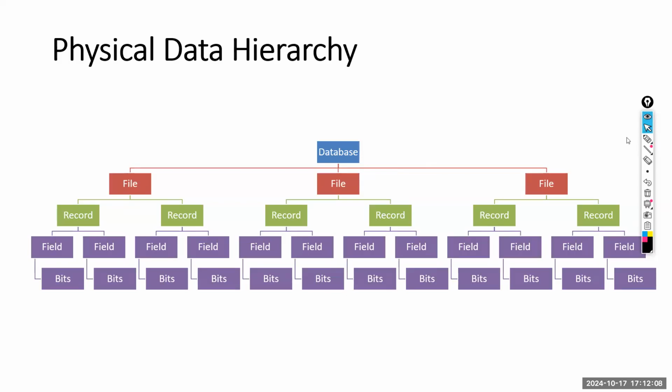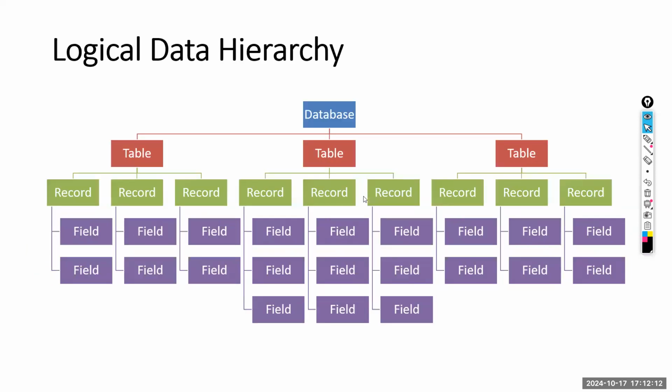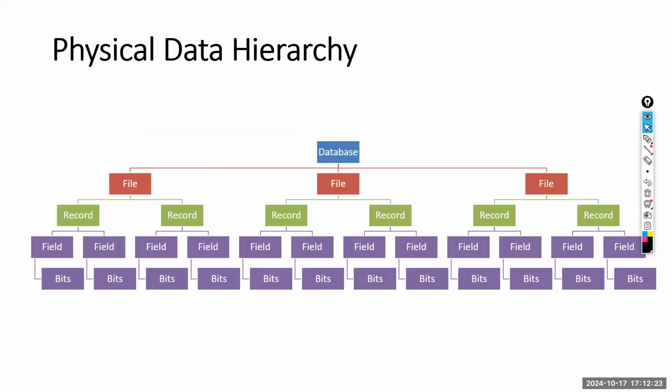So now, can you understand the difference between logical view and physical view? Database is a set of tables. Each table has records and each record has a set of fields. These fields have numeric, character data. Whereas in the physical layer, your database is a set of files, and each file has a set of records, and these records have a set of fields, and these fields ultimately, because reality is binary, are a set of bits.